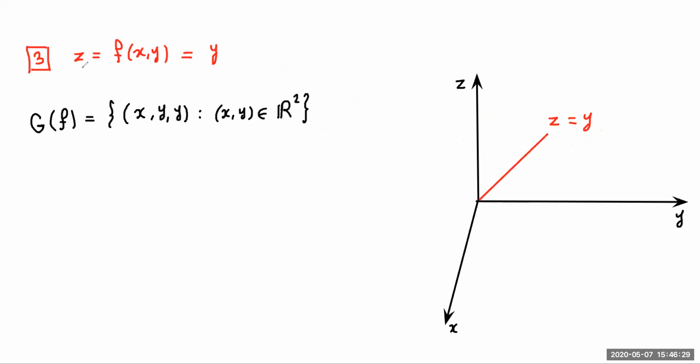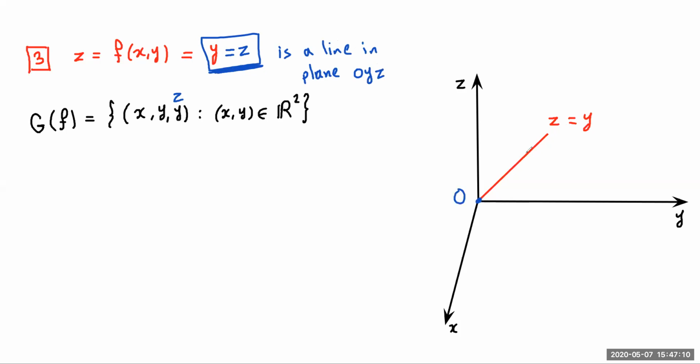Next example, the function f(x, y) equals y. So here z equals y always. The graph of the function will be all the points (x, y, y). So let's sketch at first the line z equals y in the plane O, Y, Z. This is a line in the plane OYZ.